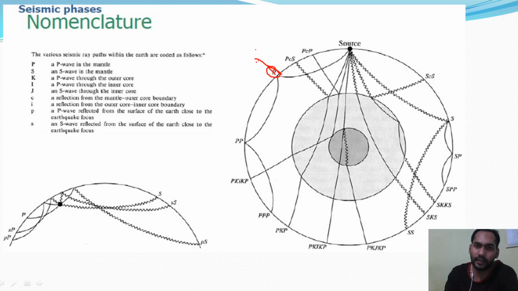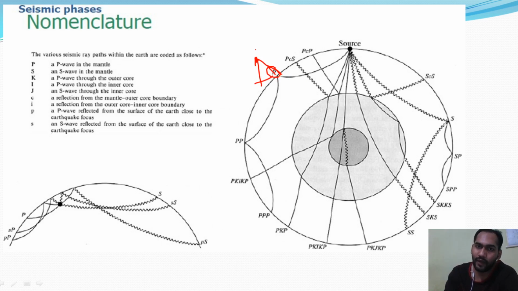Here I am getting the P wave coming directly from the source. It is traveling in the mantle and reached my station number 1. So it is named as P only.